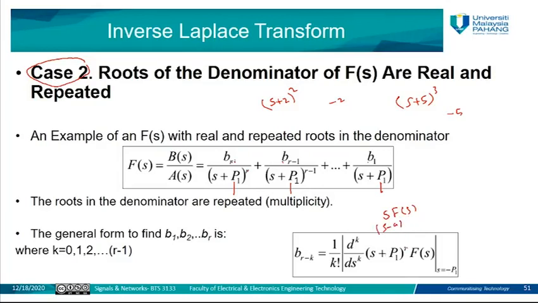Here, since the poles are the same, you just have (s plus p1), and the value of R will change: first R equals 1, second R equals 2, third R equals 3, and so on, depending on how many poles you have. If you have 2, you have B1 and B2. If you have 3, you have B1, B2, B3. If you have 4, you have B1, B2, B3, B4. We'll see through an example how to apply it.